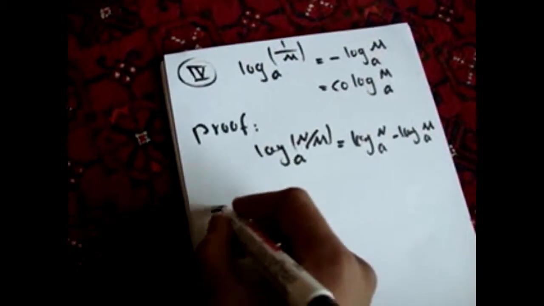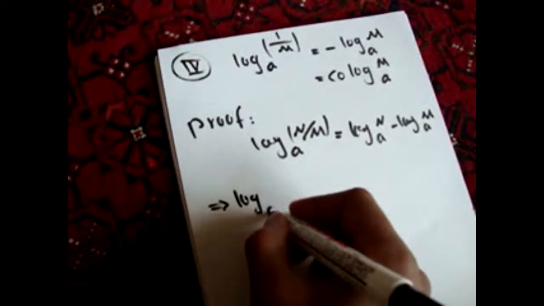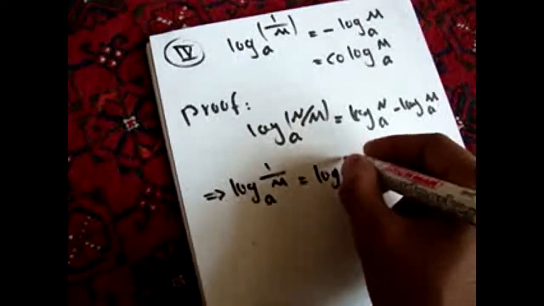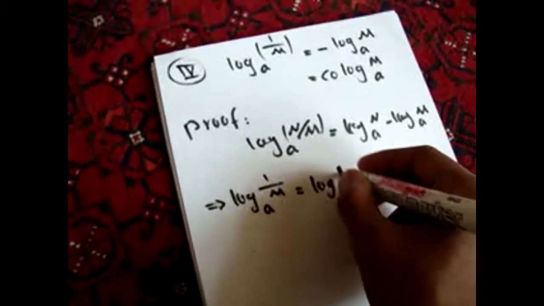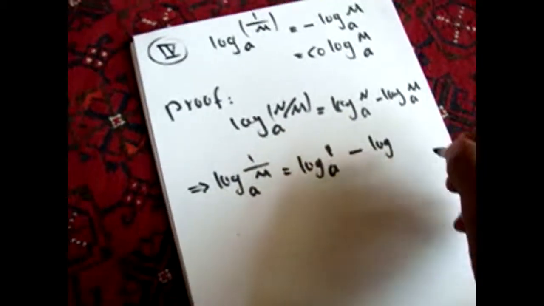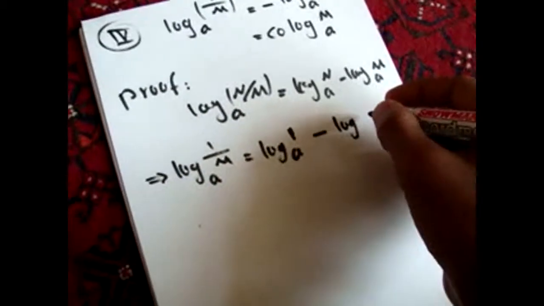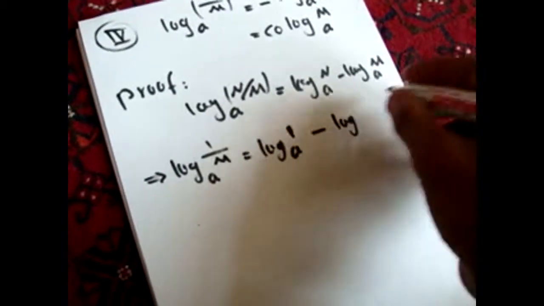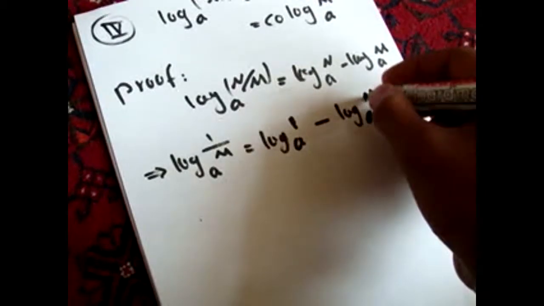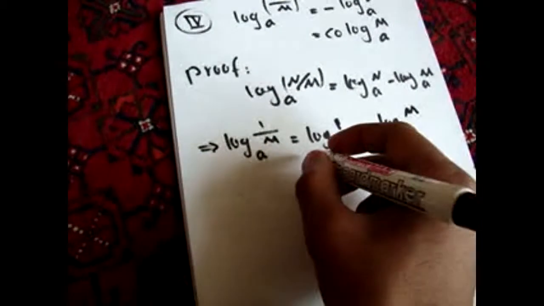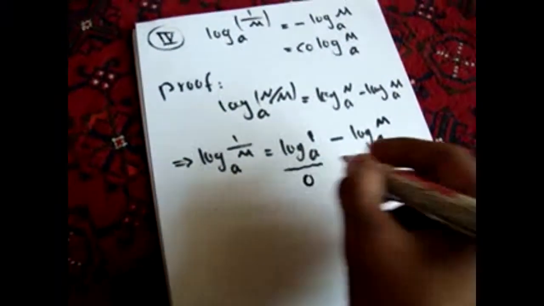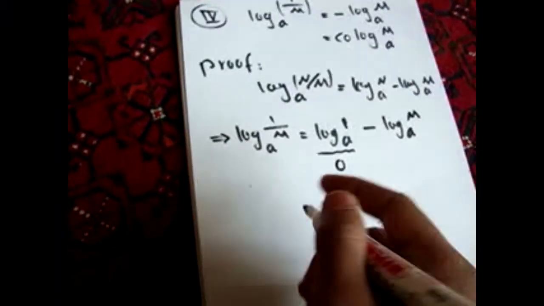So we have logarithm base a of 1 over m equals logarithm base a of 1 minus logarithm base a of m. So this thing right here equals 0, and I'm gonna show you why it becomes 0.